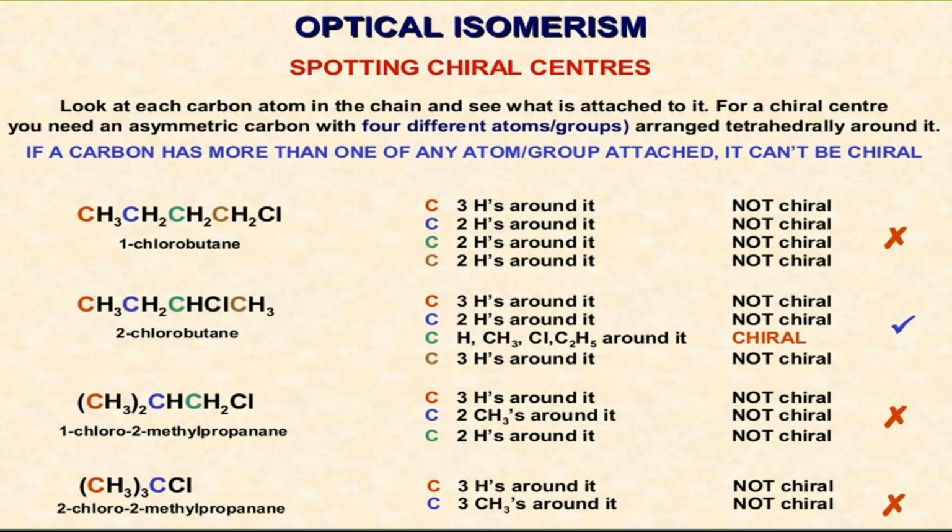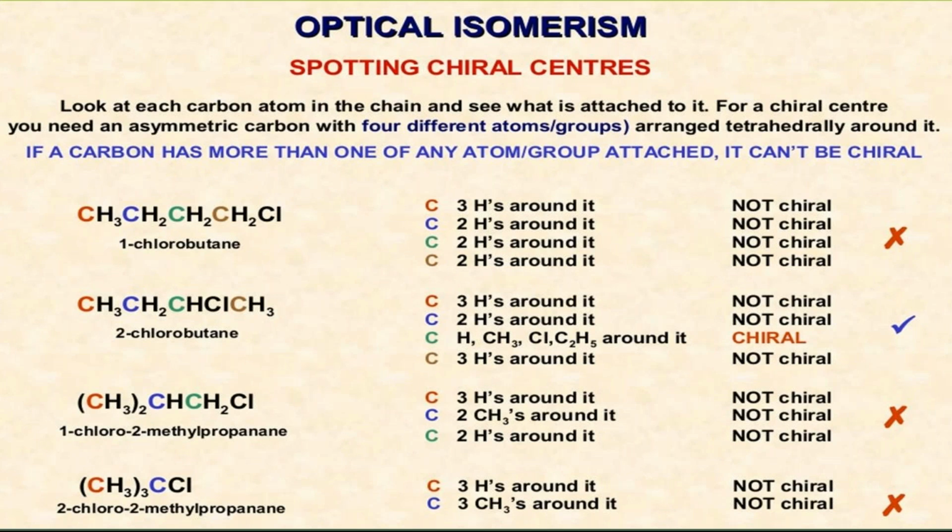Next you go to 2-chlorobutane. Similarly, you start with the first carbon. The first carbon has 3 hydrogens around it and it's not chiral. The second carbon has 2 hydrogens around it. Again, it's not chiral. When you go to the third carbon, you can see the chirality. Why does it have chirality?